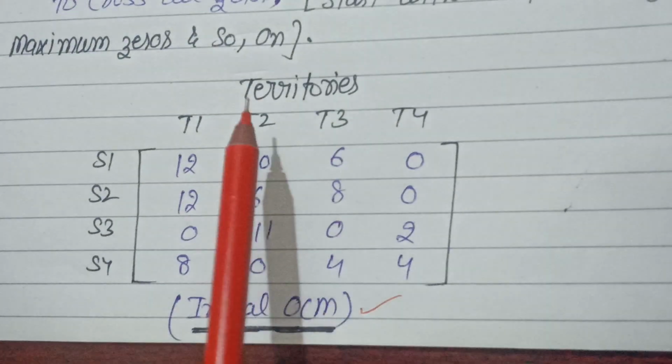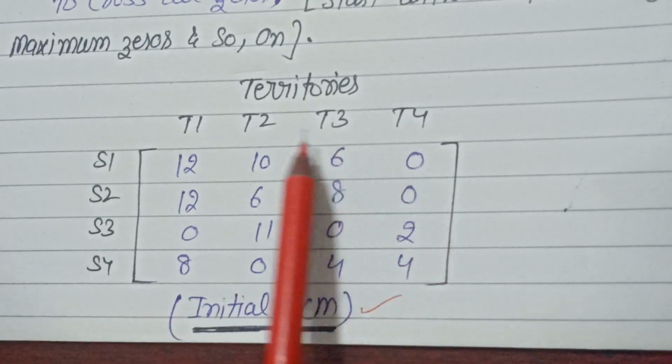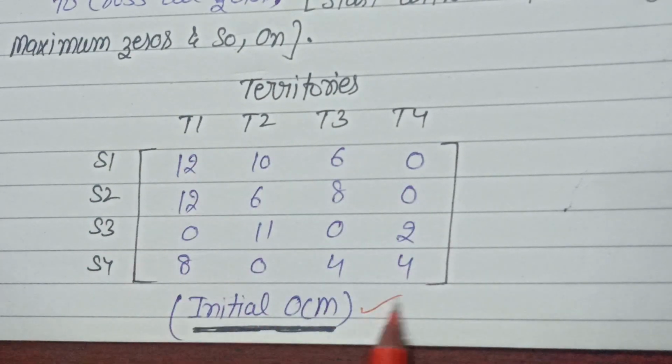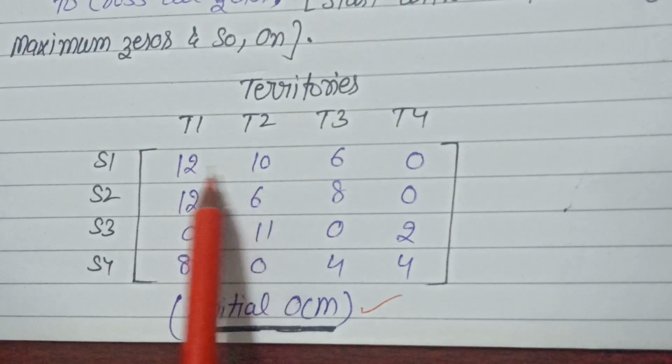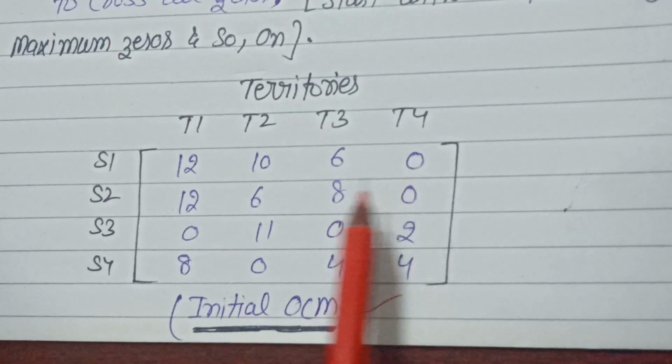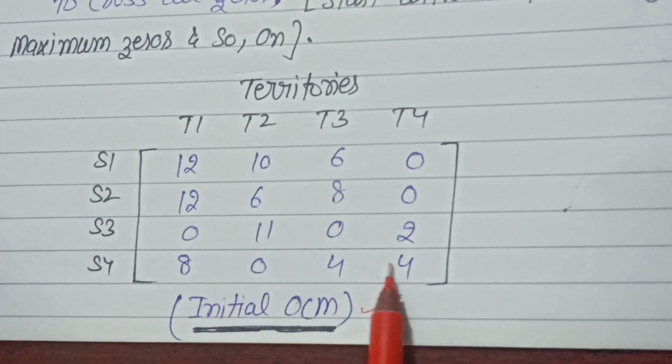You will see that these are the territories and these are the salesmen, and this is the opportunity cost matrix generated initially. Now we will draw the lines. There is a single zero, again a single zero. In row 3 you have 2 zeros, and in row 4 a single zero.